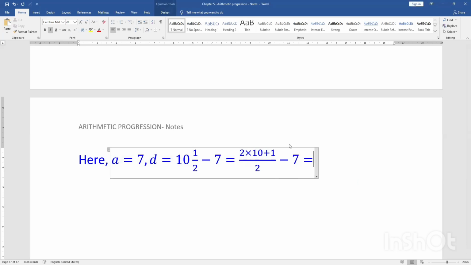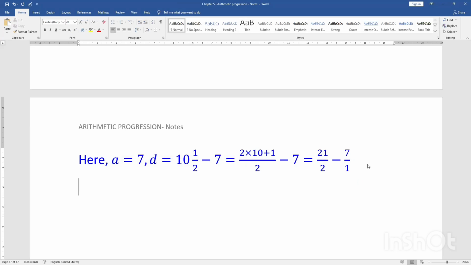That is equal to 21 by 2, because 2 times 10 is 20, 20 plus 1 is 21, so 21 by 2 minus 7. So 7 can be written as 7 by 1.